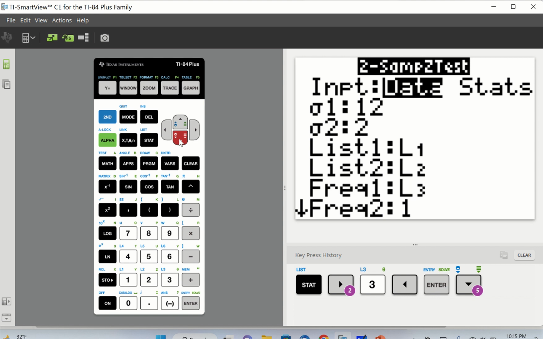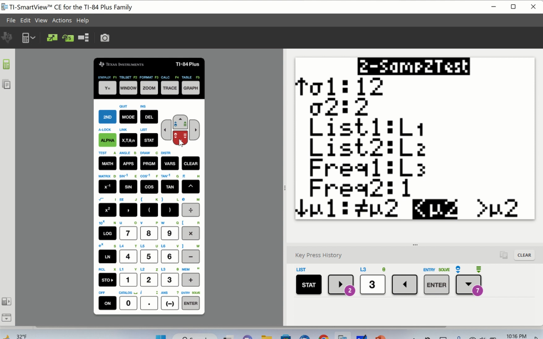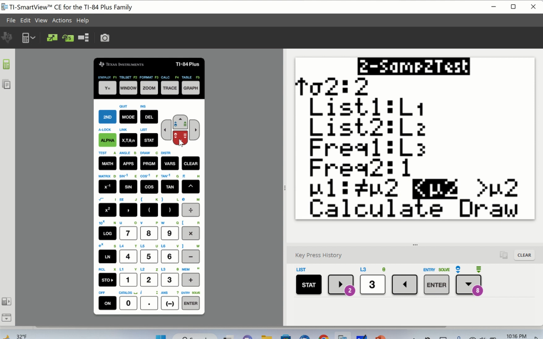If you have any frequencies given, you would enter those in a list also, and then bring up the frequency list names under FREQ 1 and FREQ 2. Scroll down and select the direction of the test, which is based on the alternative hypothesis. And then you would come down finally to either calculate or draw a graph of the problem.